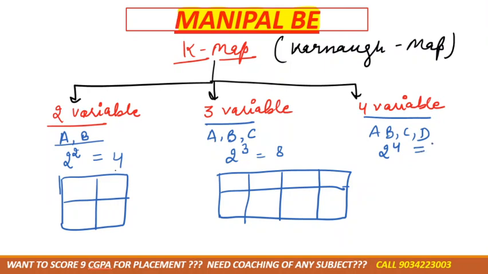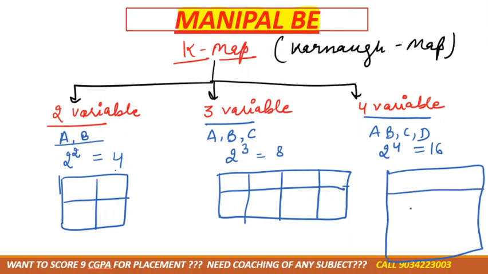And 2 raised to the power 4 is 16, so we'll have 16 boxes. That means 4 rows and 4 columns. Okay, understood?